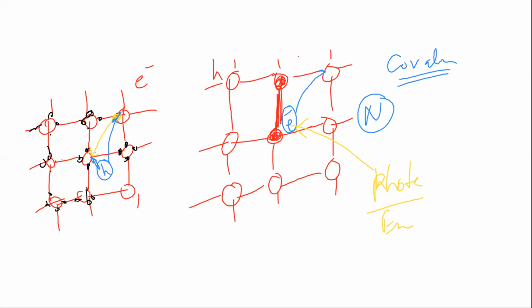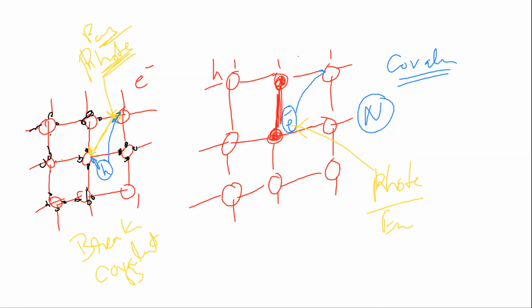Just for the understanding purpose, there is a lot of device physics behind that. But what I'm trying to tell you is that to move this electron from here to here, you have to give some photon, some energy, and that energy is going to break the covalent bond.